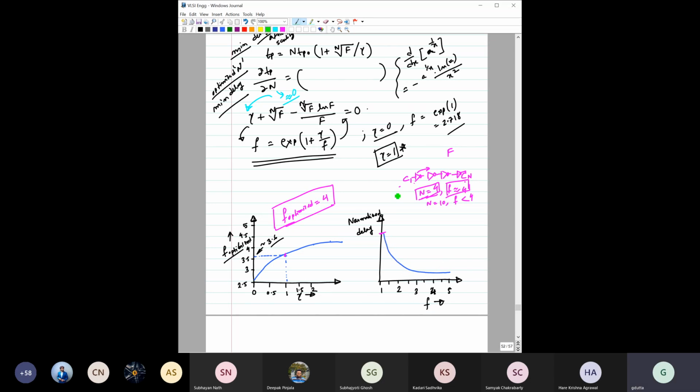The intention of showing this is that if you take f equal to 4, or 3.5, or 4.5, or even 5, or even f equal to 3, the dependence of propagation delay for this range of f is not that significant. So for this range you can choose any value of f. However, try to keep this f as close as possible to 4. Is this clear to you?